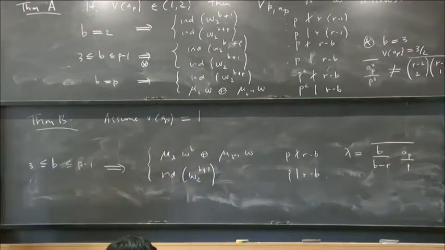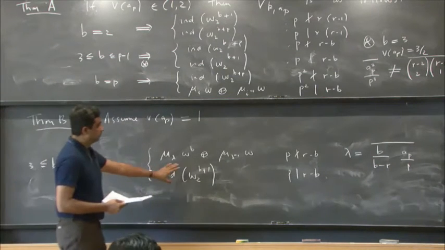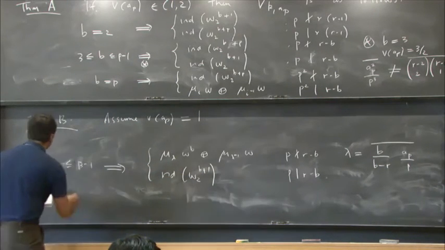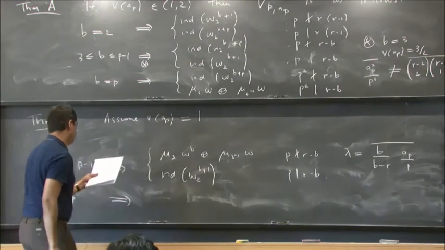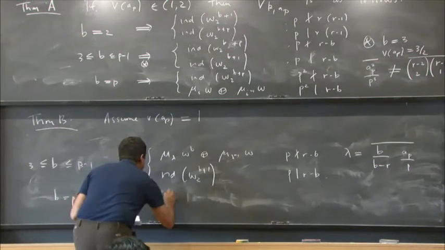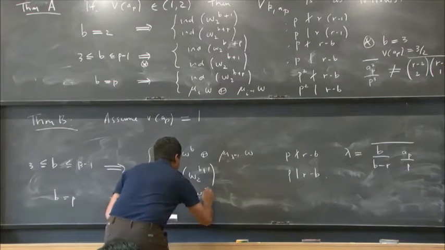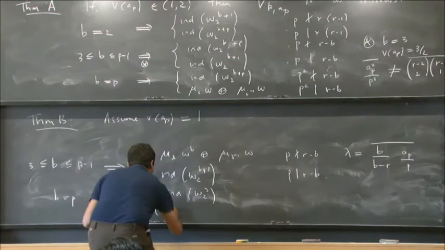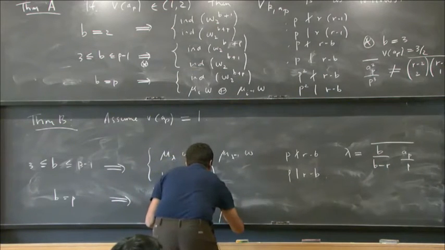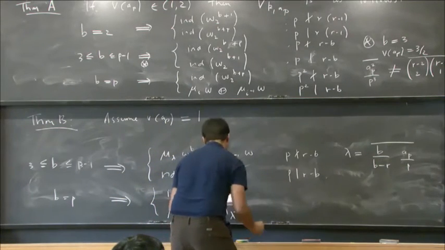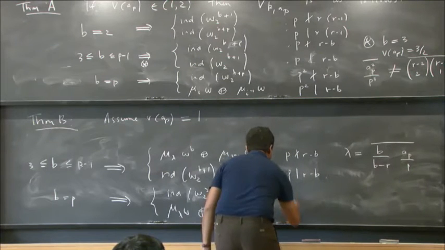And otherwise, it is irreducible. So that's a bit strange also. When b equals p, you get this basically scalar thing.